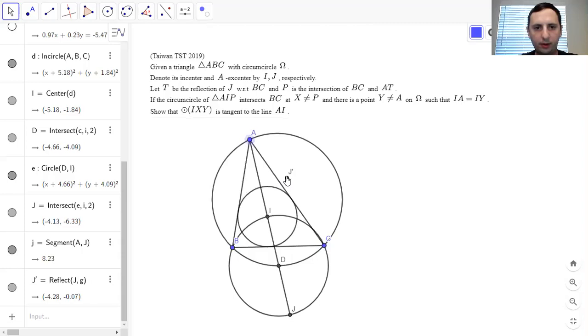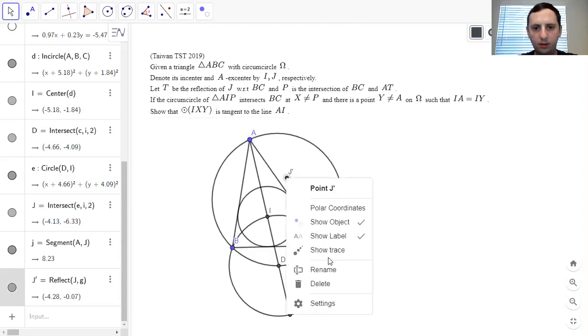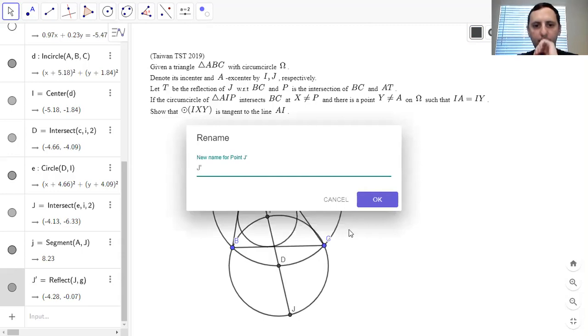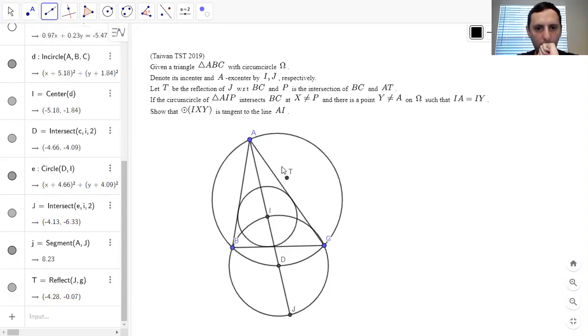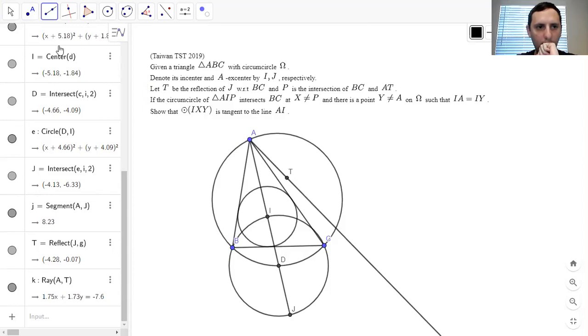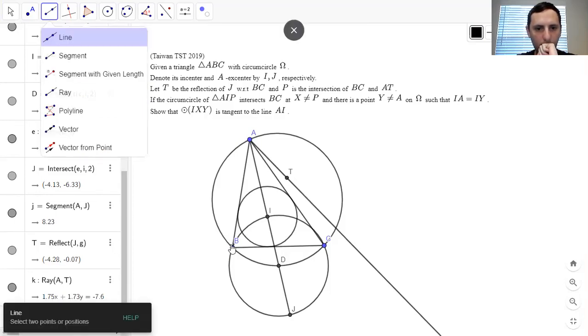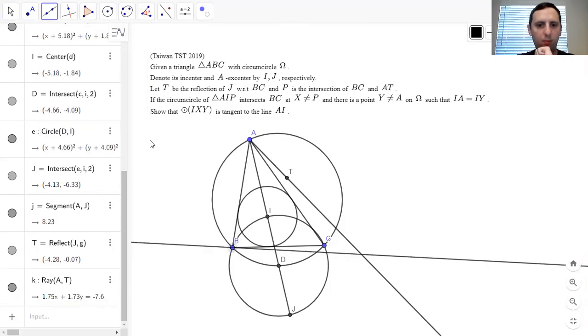So this is point T, and P is the intersection of BC and AT. So this is point P.